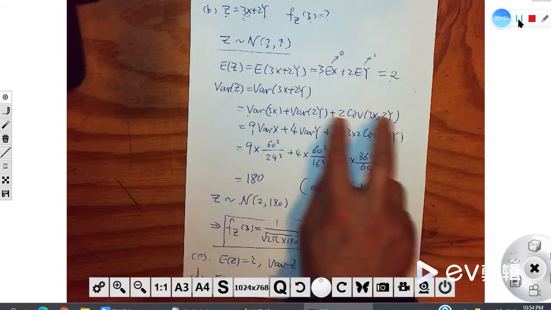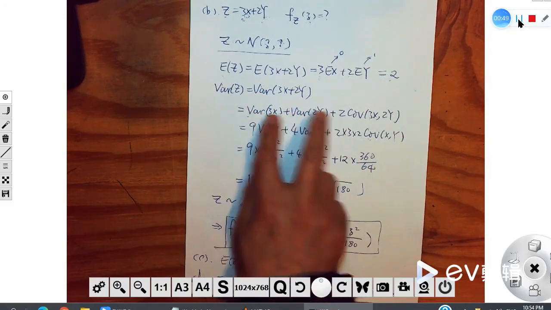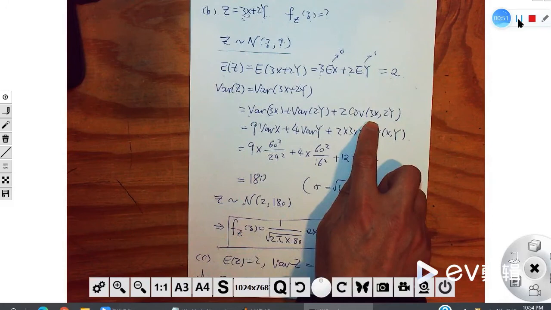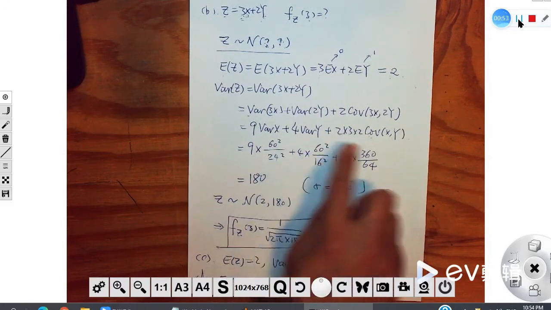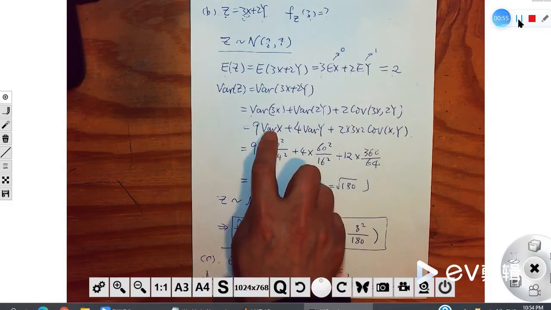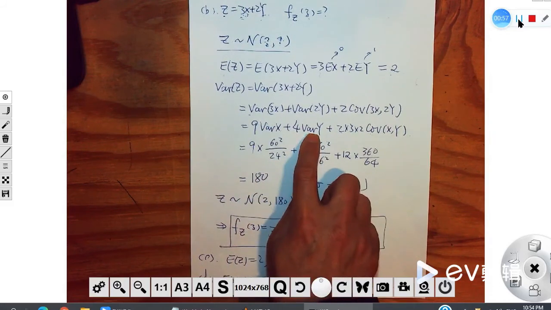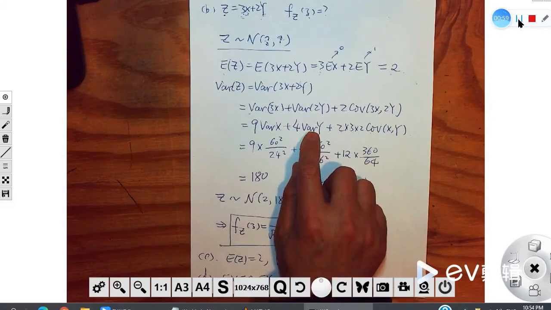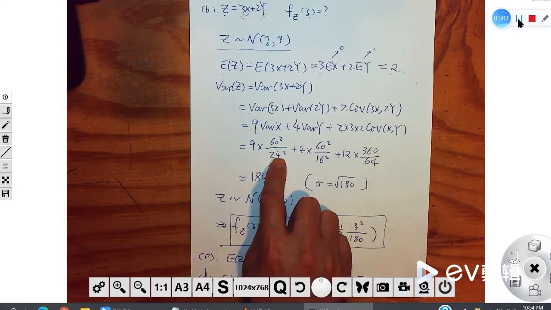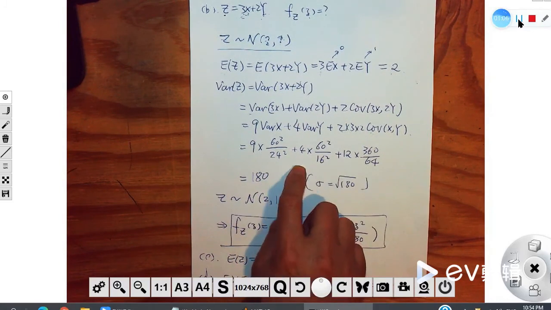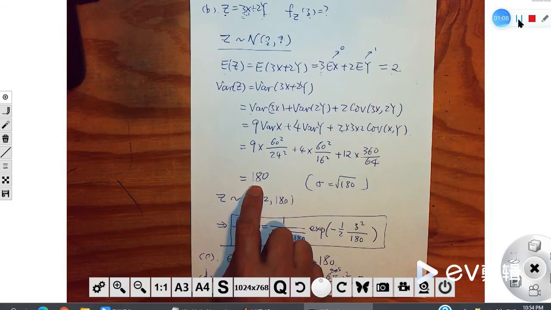Also for variance, when you separate them, you need a covariance here, and each term you do the calculation, you know the value. We already have the variance of X and variance of Y in the previous step, right? They are part of the matrix sigma. So I put the values here, and then I get 180, and use MATLAB to get this 180.